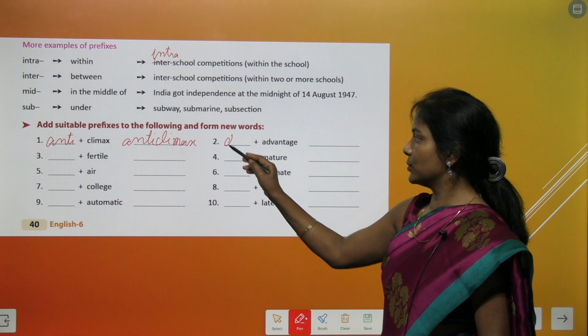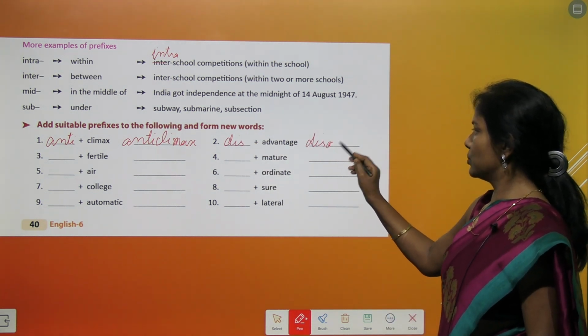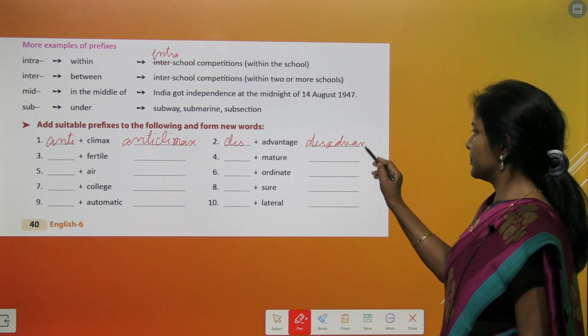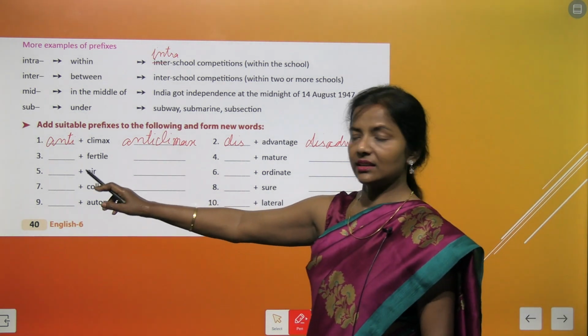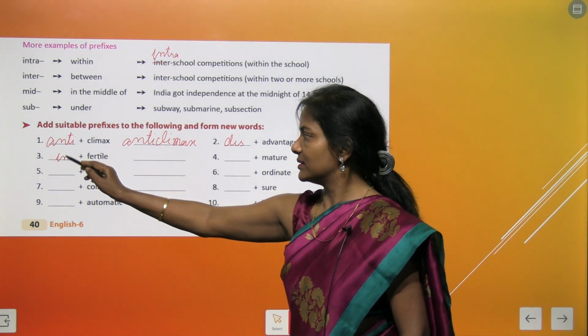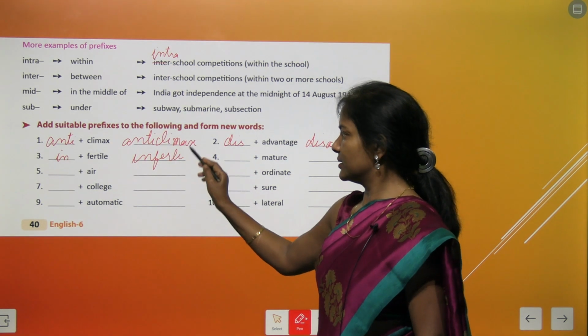Advantage, disadvantage. Next is fertile. Add in, it becomes infertile.